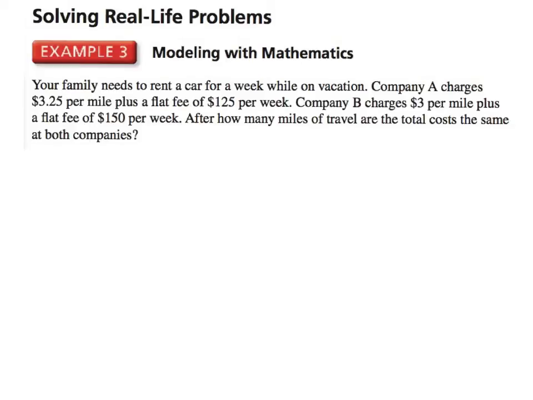After how many miles of travel are the total costs the same? First thing I want you to do, pause the video, write down your equation. That's what you should get. You should be able to look at that and say, that's my equation. $3.25x plus 125 equals 3x plus 150.